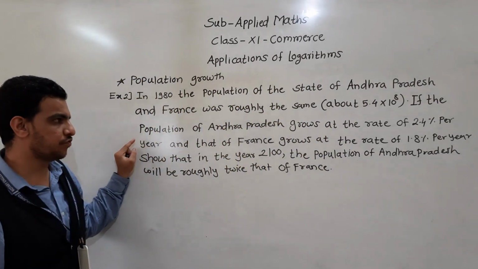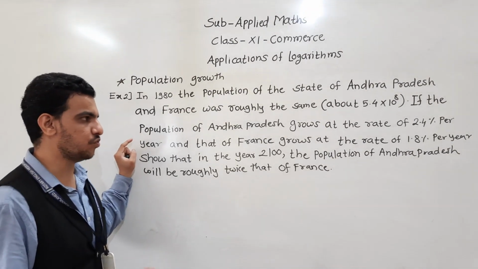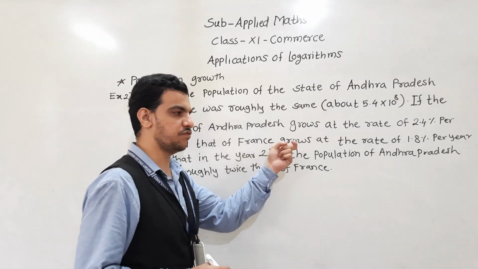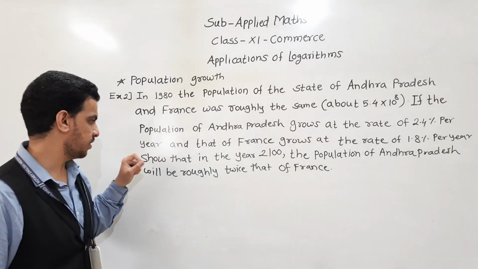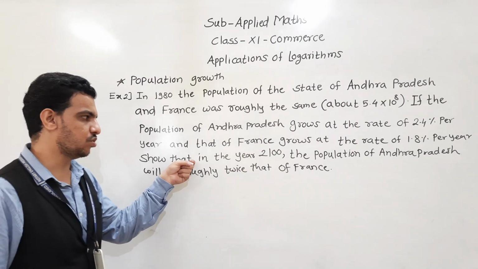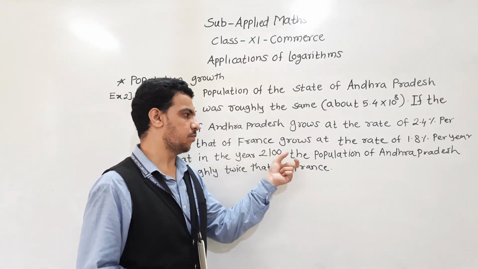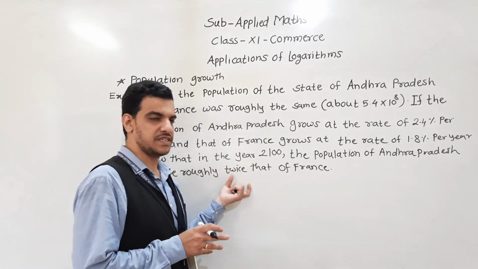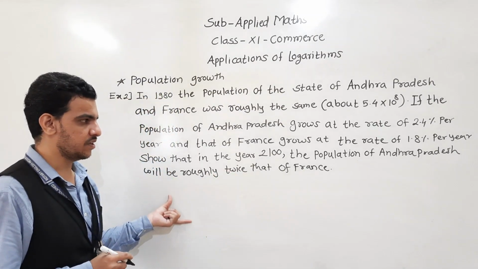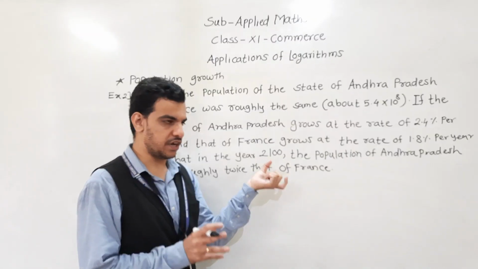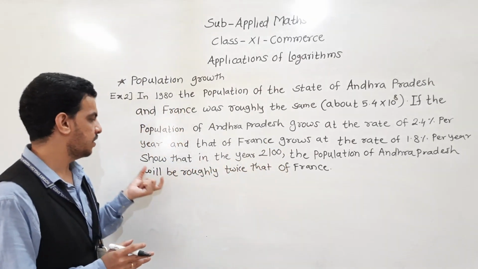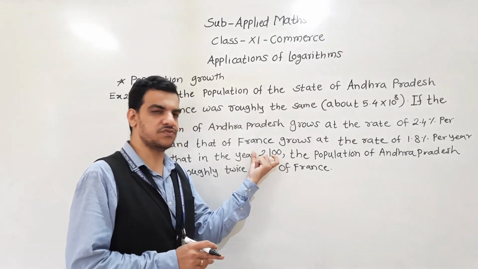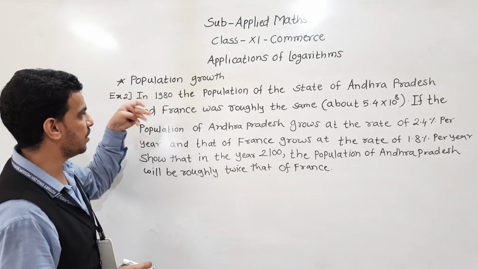If the population of Andhra Pradesh grows at the rate of 2.4% per year and the population of France grows at the rate of 1.8% per year, show that in the year 2100 the population of Andhra Pradesh will be roughly twice that of France. So we have to show this in the year 2100, that is, after 120 years.